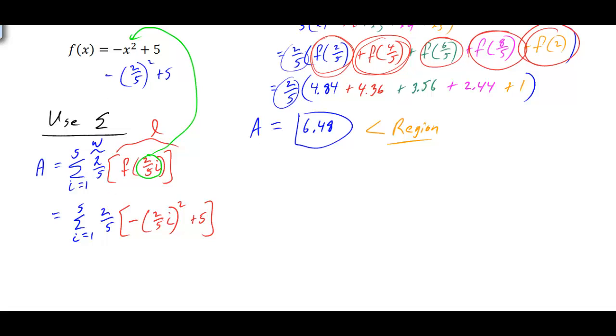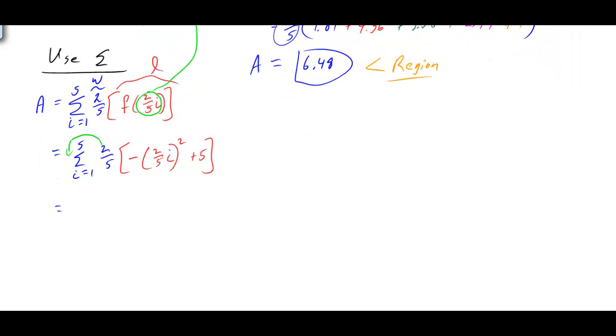If you wanted to, you could take this 2/5 and move it out front, so that you would end up with the sum of i equals 1 to 5, and the 2/5 is out front. And then on the calculator, you could simply type in minus 2/5 i squared plus 5. And once again, you should end up with the same answer of 6.48.